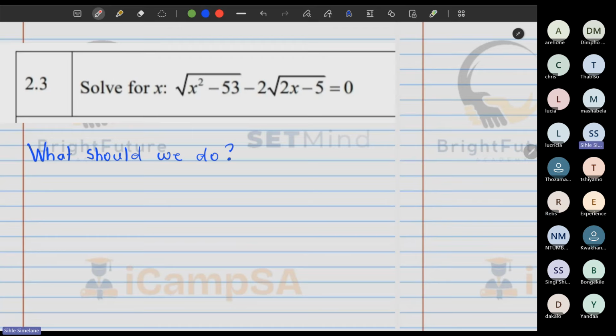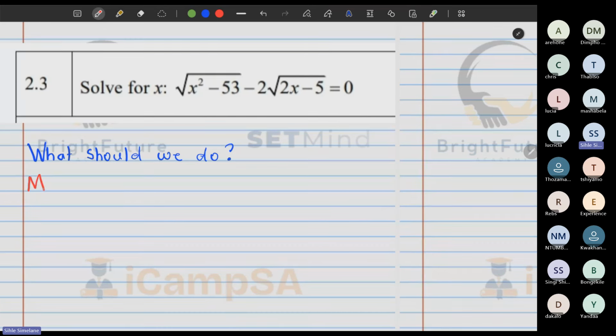Okay, noted. Anyone else? We must first move the other term in the equation to the right-hand side. Then we square both sides to remove the roots. Then we solve it. Yep.